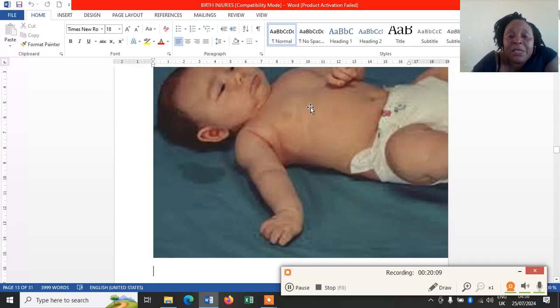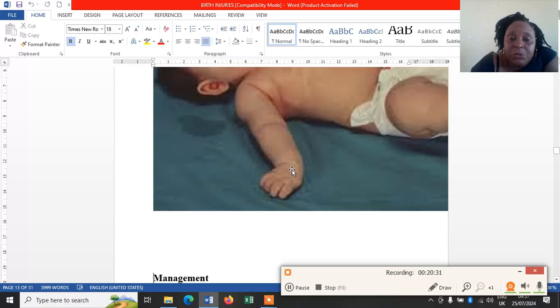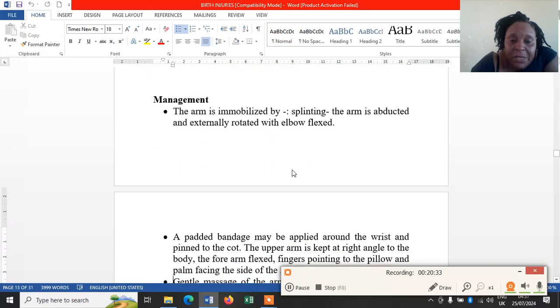After bandaging it, we shall tie that bandage onto the baby's coat, because if it was an adult, we would instruct the adult not to turn the arm, but the baby may not be able to. So after putting it in the position we wish, we tie and secure it on the baby's coat in order to minimize movements.